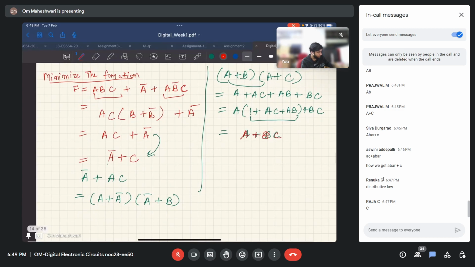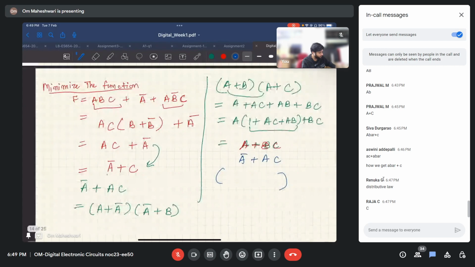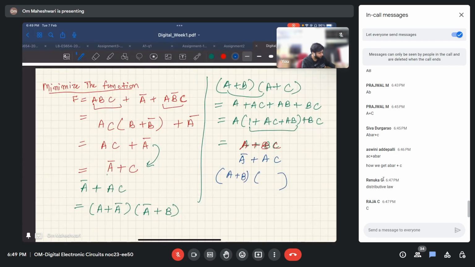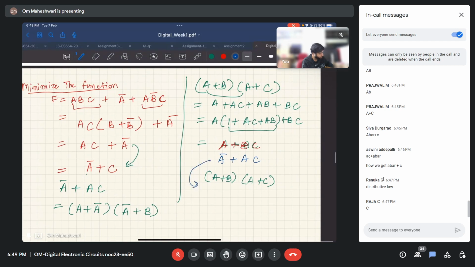So instead of A, here we have A bar plus AC. So you are writing A plus BC as A plus B, A plus C. So this we will write as, instead of A, we will have A bar.